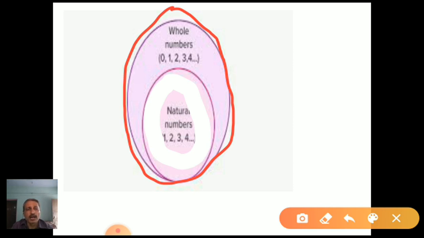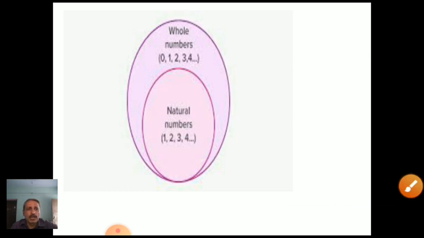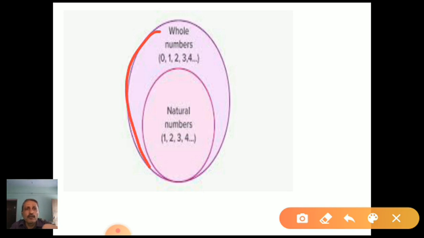These are all known as whole numbers. So in short, we can conclude that all the natural numbers are included inside the whole numbers.